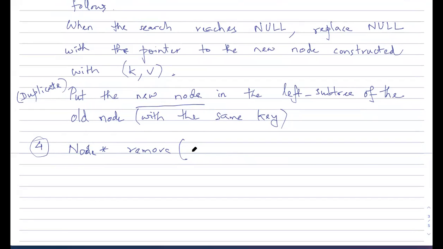How do we ask that I want to remove something from the binary search tree? A key? Exactly.